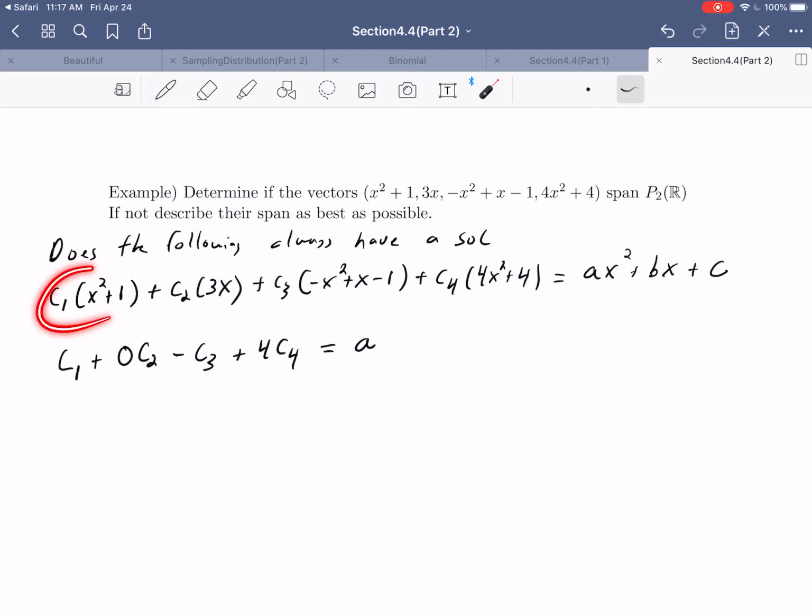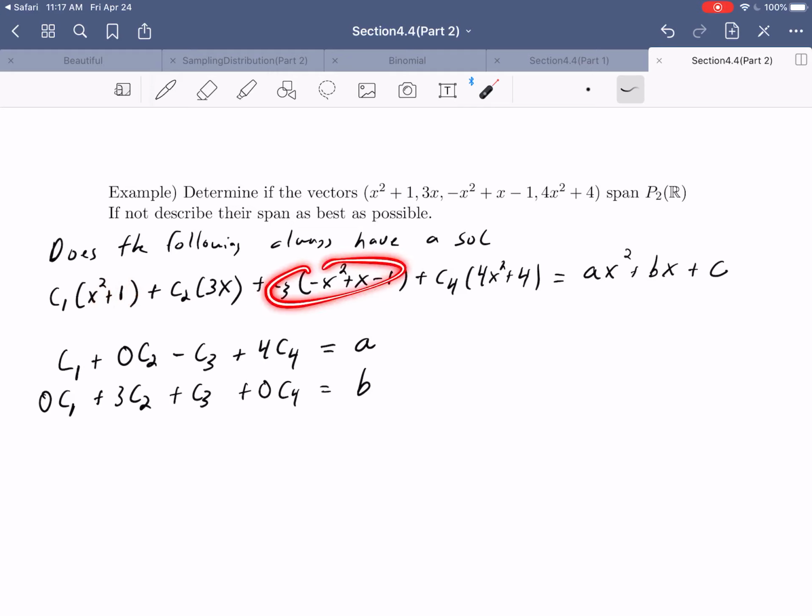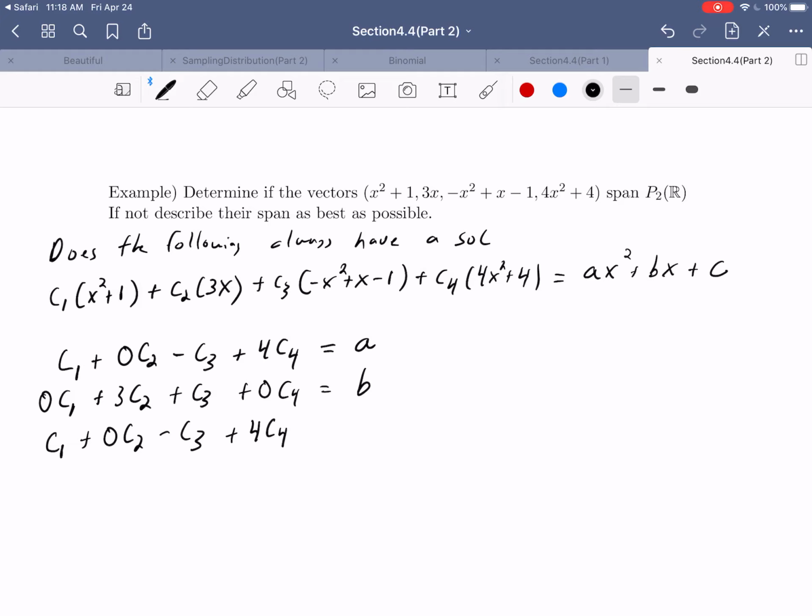Then for the x term, there's a 3c2, a 1c3, and nothing else: 0c1 plus 3c2 plus c3 plus 0c4 needs to be b. And finally for the constant terms, we get c1 plus 0c2 minus c3 plus 4c4 has to be c.